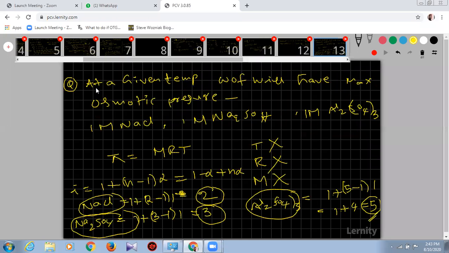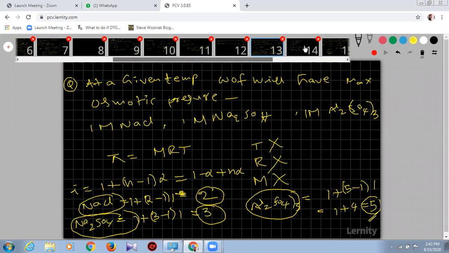Next, at a given temperature, this is the first problem we discussed. Take a screenshot. Someone is raising a hand, let me see.